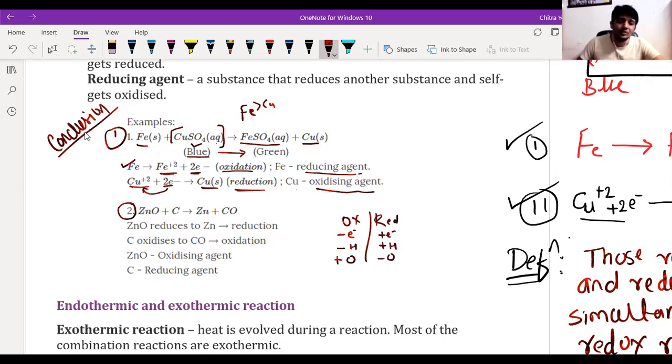So here we will understand oxidation and reduction by the loss and gain of oxygen. See here, ZnO: zinc is combined with oxygen on the reactant side, but on the product side zinc is alone. That means zinc loses oxygen. Loss of oxygen takes place, hence it is the reduction reaction.